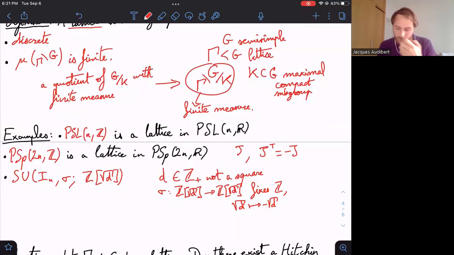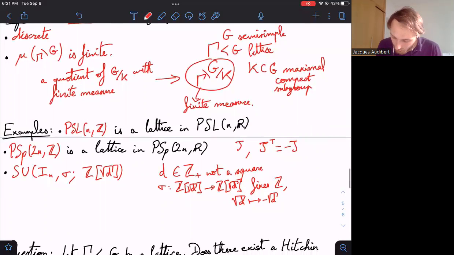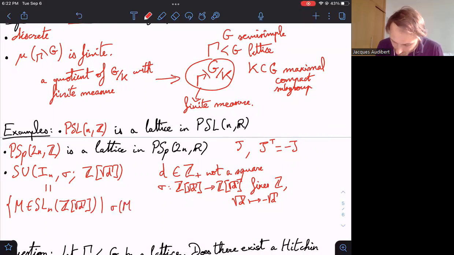It's the field automorphism of Q[√d]. Here we define it as the matrices with determinant 1 and coefficients in Z[√d], such that if we apply σ and transpose to the matrix and multiply it by M, then we get the identity.